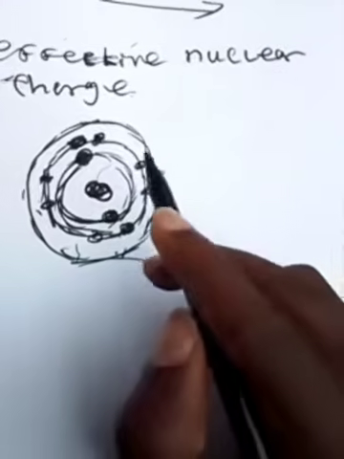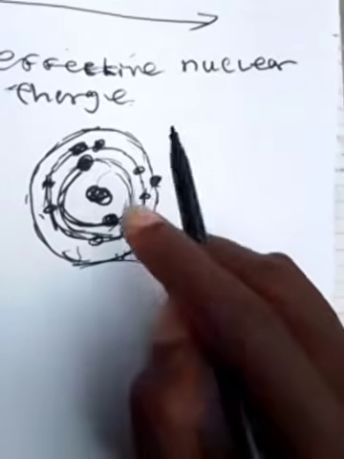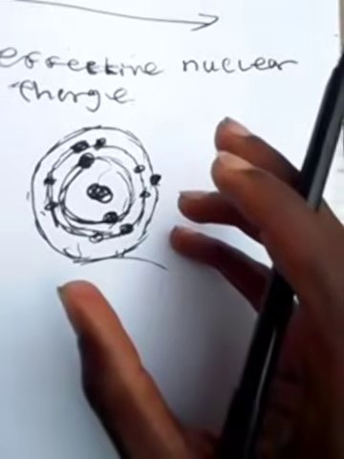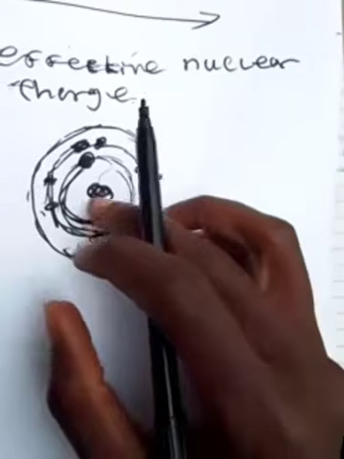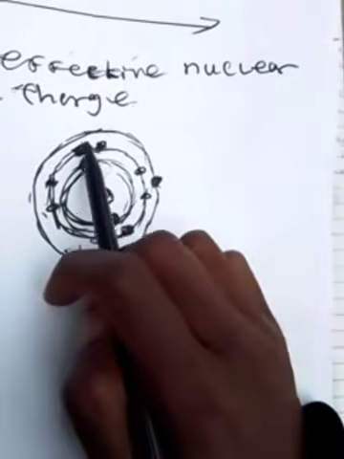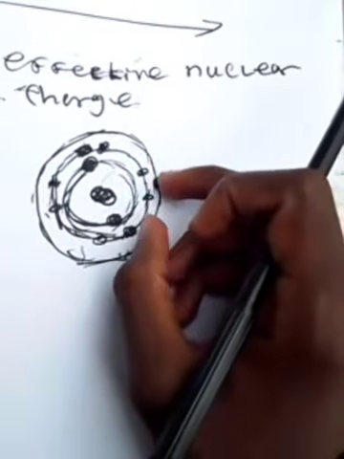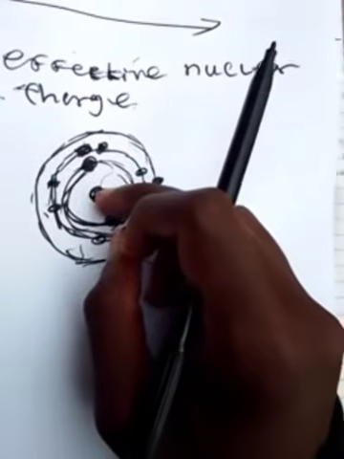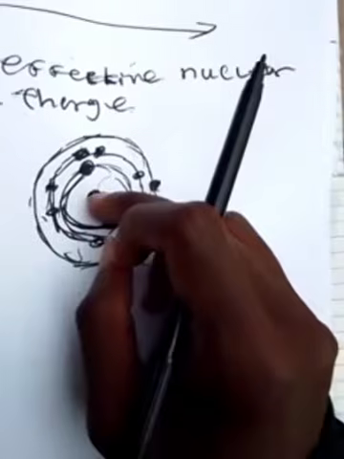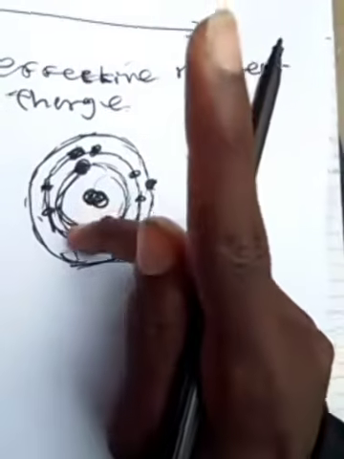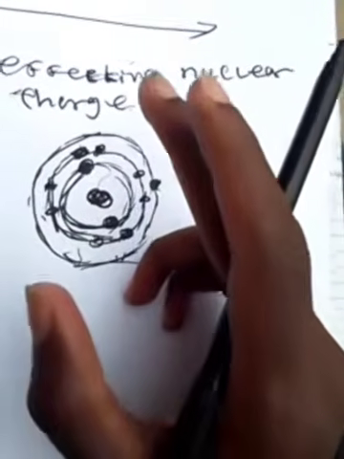So now, there is this kind of attraction that exists between the nucleus and the electron. This is a force of attraction that makes the electron be drawn towards the nucleus. Remember, the nucleus has what we call the protons. The protons are positively charged.